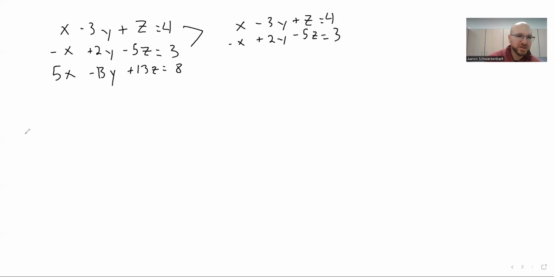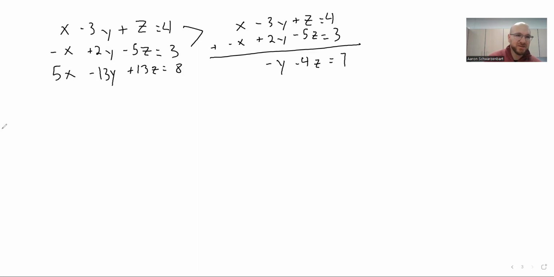Oh, hold on. I've got something really messy, probably hard to read. That's not a B, that's a 13. Okay, back to my equations. Adding them together, I get negative y minus 4z equals 7. There's one. It's a good place to start.